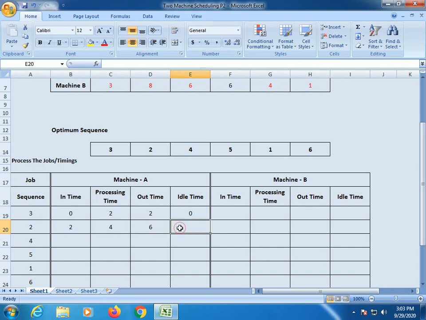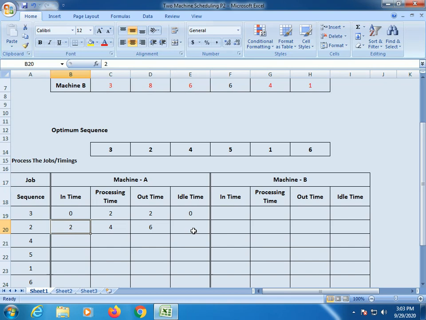Then what about the idle time? I'm just talking about machine A, calculating the idle time of the present job. The previous job out time is 2 hours and the present job in time is 2 hours.